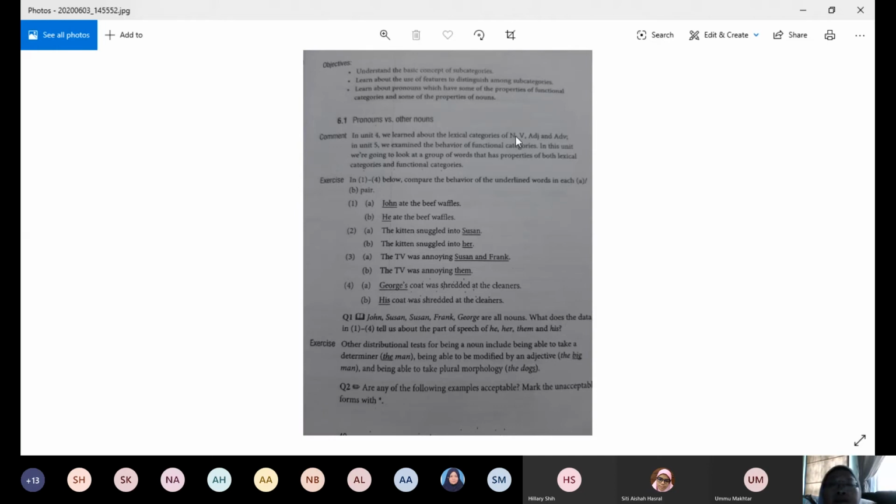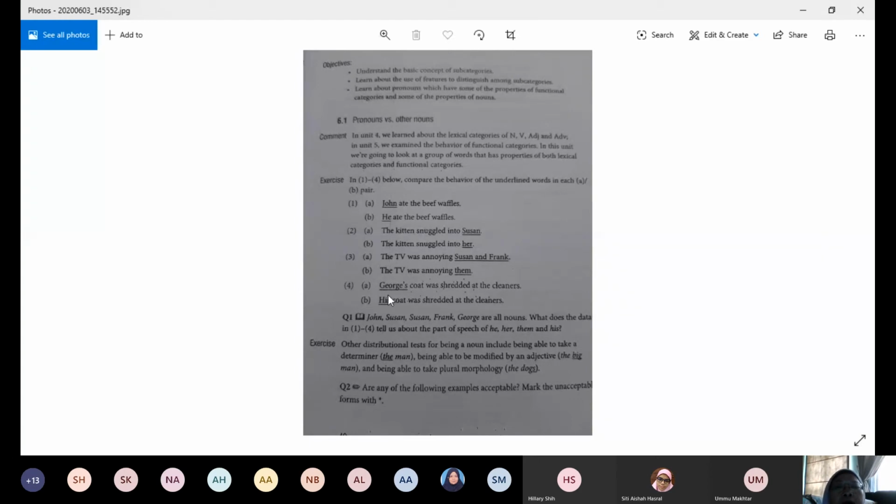So we have learned about the lexical categories of words. Let's compare, he says, pronouns and nouns. So 1A, John ate the beef waffles. So John is the noun. So all the proper names, John, Susan, George, Frank, are all nouns because they are proper nouns.